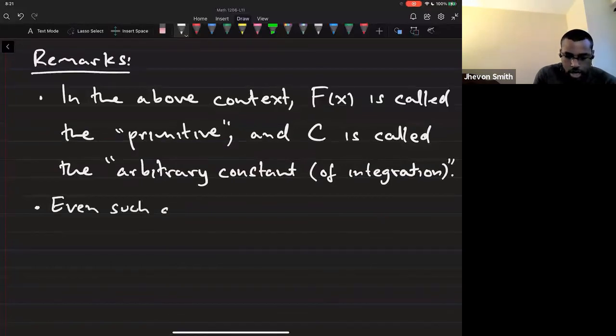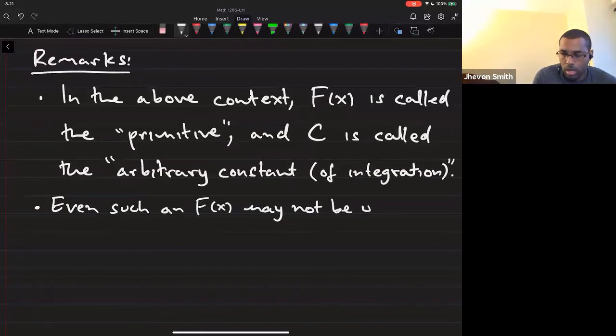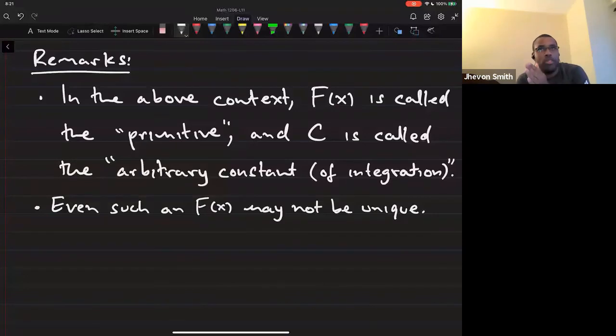Even such an F of x may not be unique. And I think we'll see some cases like that. With trig functions, you can have antiderivatives that are just shifts of other trig functions.